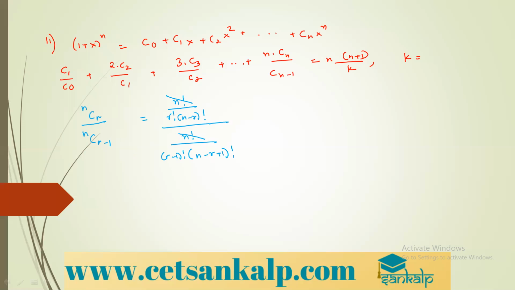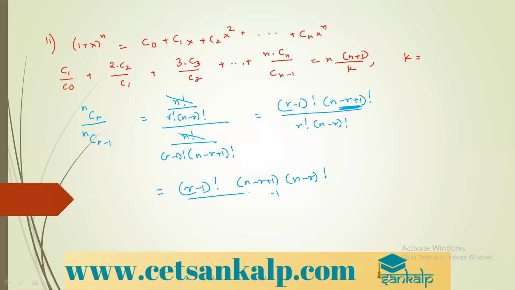I can cancel n factorial. So I have (r-1)!(n-r+1)!/(r!(n-r)!). I'll keep (r-1)! same, but I will expand this because I can write (n-r+1) as (n-r+1) times (n-r)!. In the denominator, r!